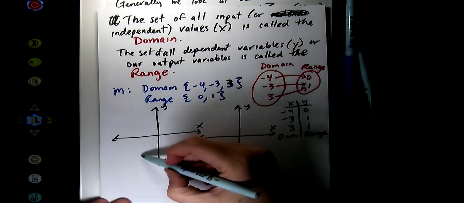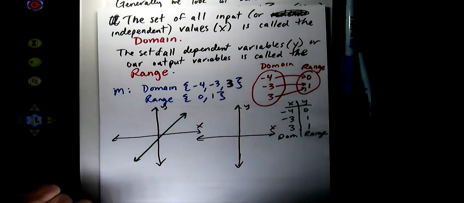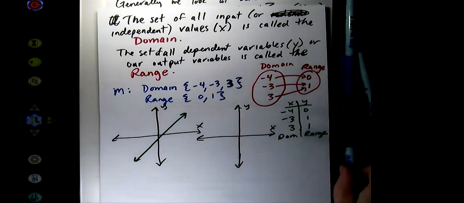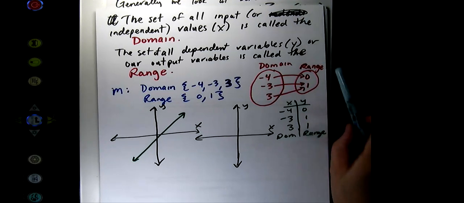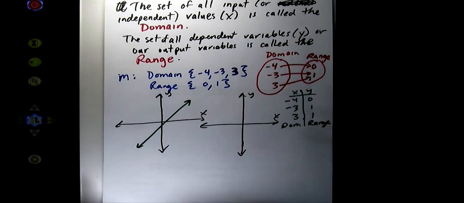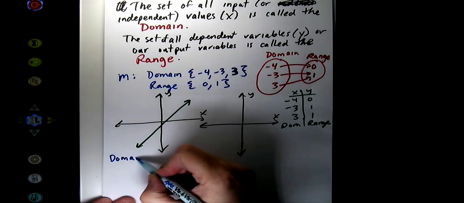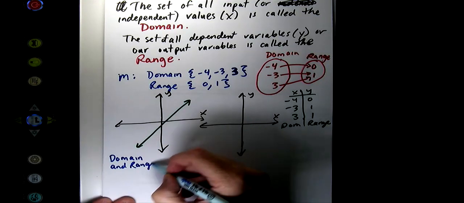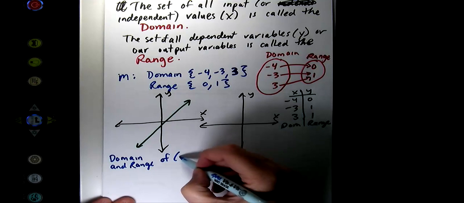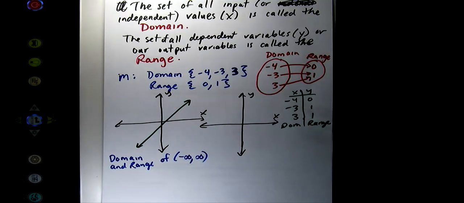So if I have a line, most straight lines have a domain and range of negative infinity to infinity. All x values work, all y values work.